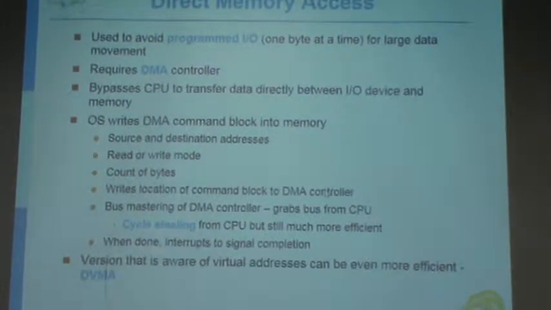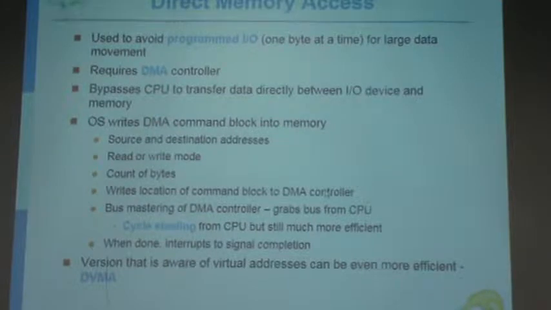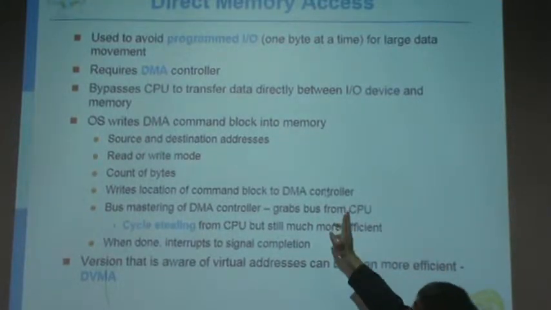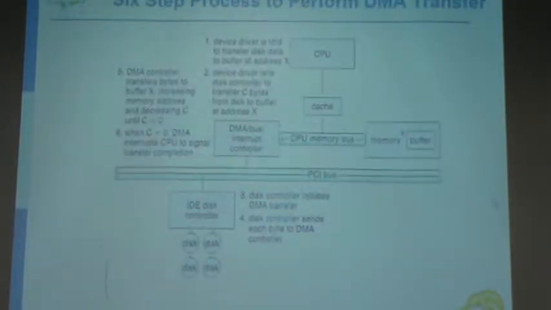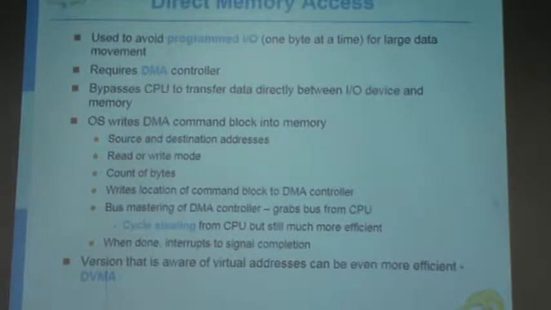It issues the direct memory access command, like reading, with the source and destination address of the memory, the read or write mode, and the size of the data to be transferred. Then finally it reads the data and stores it at the memory. When it's done, it interrupts and informs the CPU that the direct memory access is done.